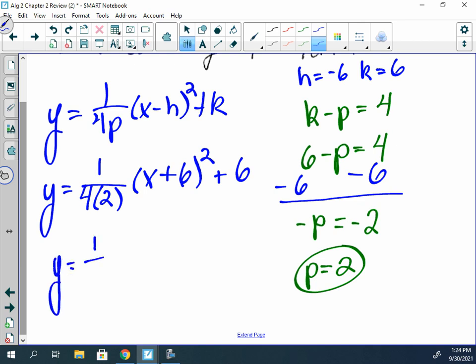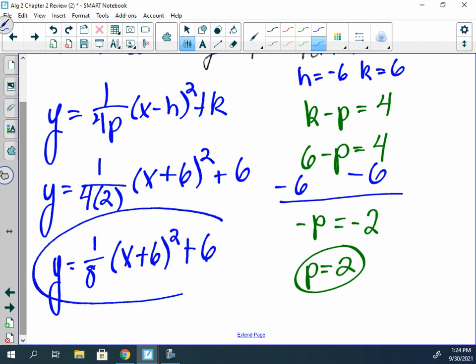And when we simplify this, we would get 1/8 times (x plus 6) squared plus 6. And that's it. So really on these here, we're just finding the values of h, k and p and then plugging it back in. Any questions on this here?